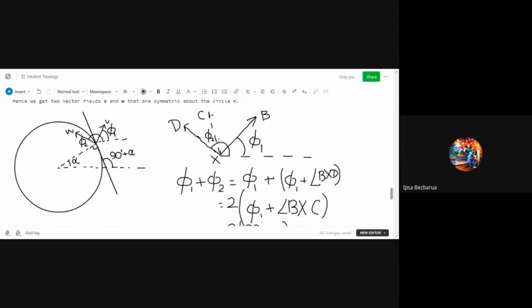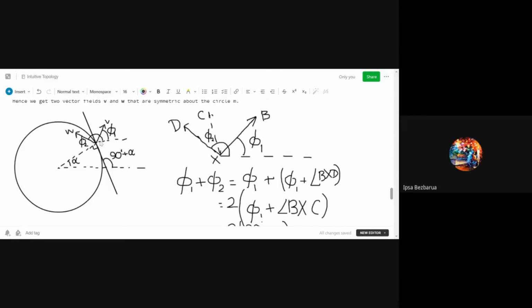Phi1 plus BXC, which is this part, is equal to 90 degrees plus alpha. Alpha is the reference angle formed by X with respect to the x-axis, with respect to the center of the circle, and this angle is 90 plus alpha.